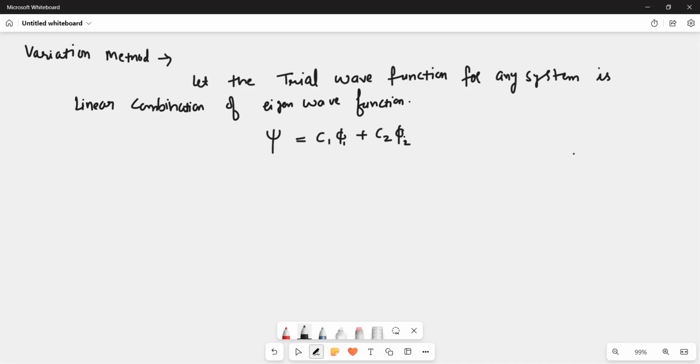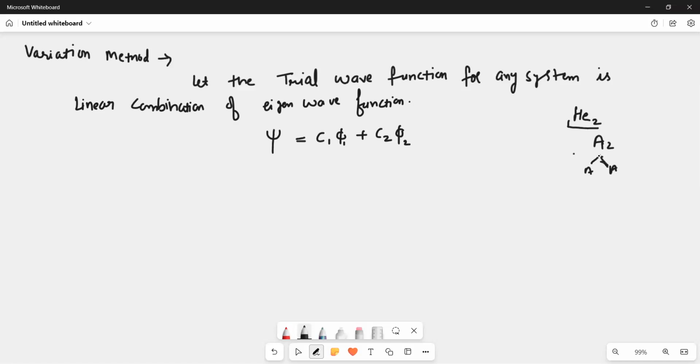Suppose there is a molecule like helium, and in it how many nuclei are present? Two nuclei. Helium 2 does not exist, so you can consider any other homoatomic molecule, A2, in which two nuclei exist.